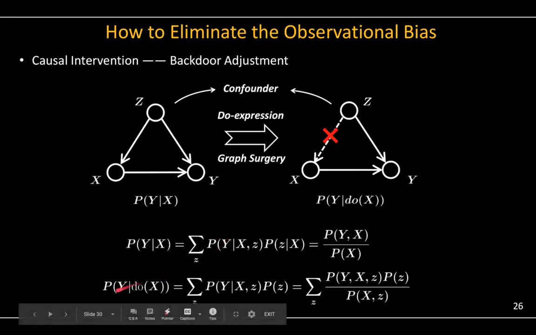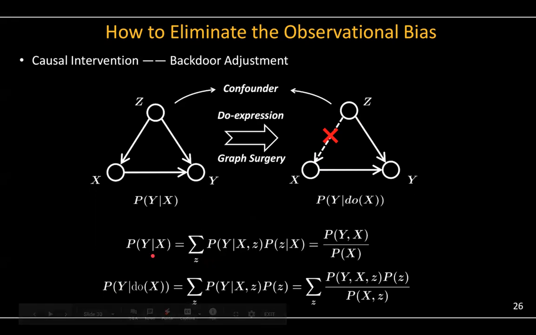And do calculus just means that we assign some value of x. If we already assign some value of x, then we know that this value of x will be independent of whatever variable that causes x, which means that z is independent of x if we assign some value to x.